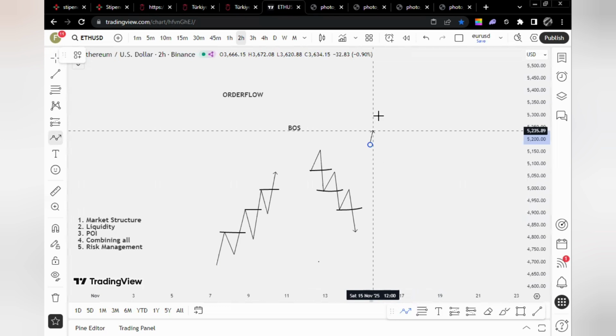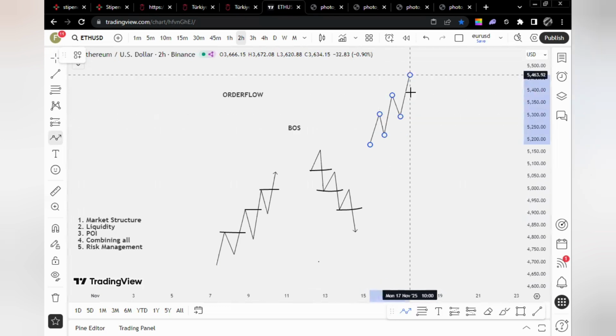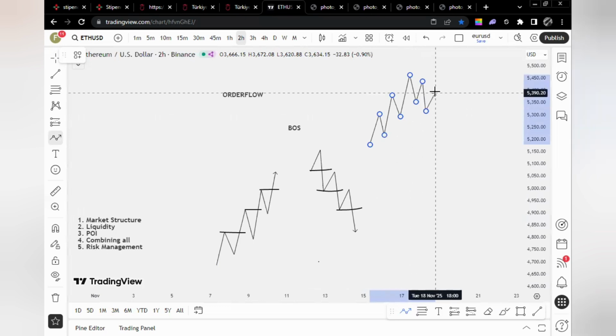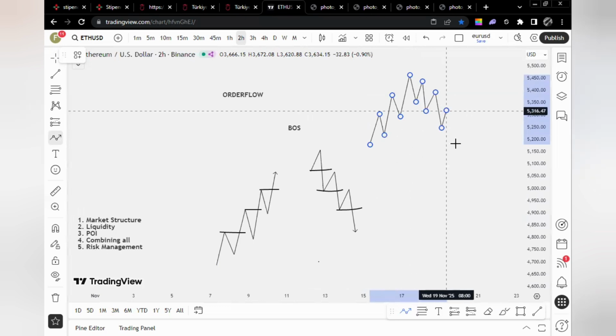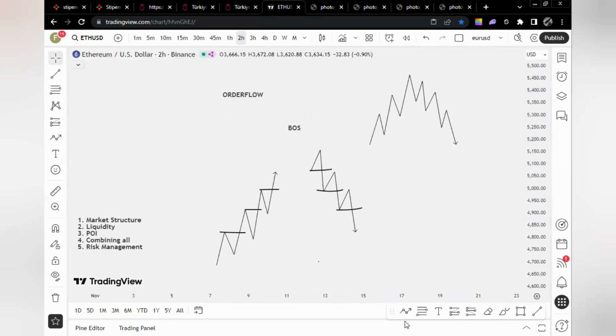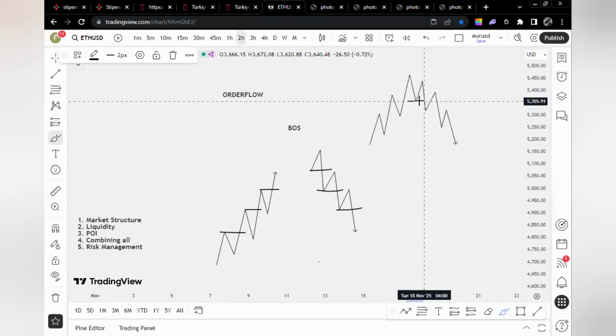Now, when you have the market going like this, and then the market now wants to change, remember it was buying, now it wants to start selling. This point at which the market changed to start selling is what we call a change of character, or a break of structure with a change of character.